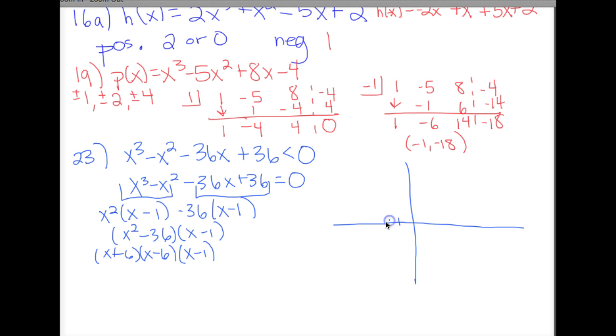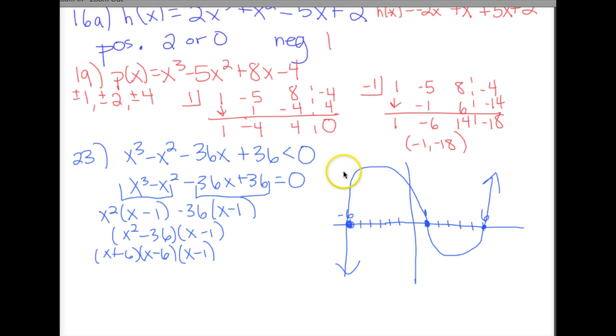So all I need are labeled zeros, so -6, and then +1, 2, 3, 4, 5, 6, and then just a sketch of its shape. So if we graph this in our graphing calculator, you'll see that it looks something like this.